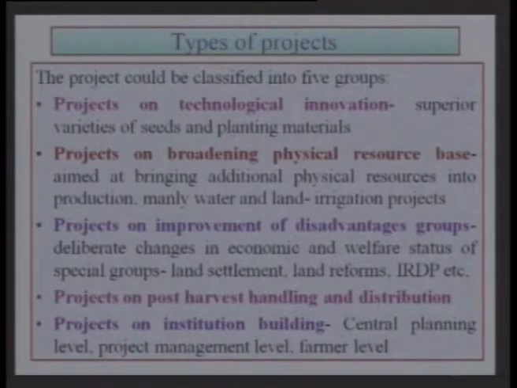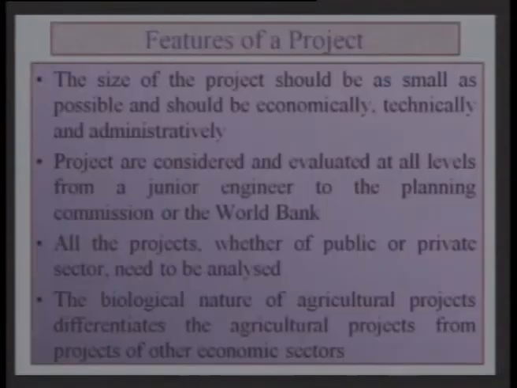Then the fourth is projects on post-harvest handling and distribution, wherein post-harvest handling and distribution is improved in the country, along with the institutions which implement the programs. So these are the 5 types into which projects could be classified.